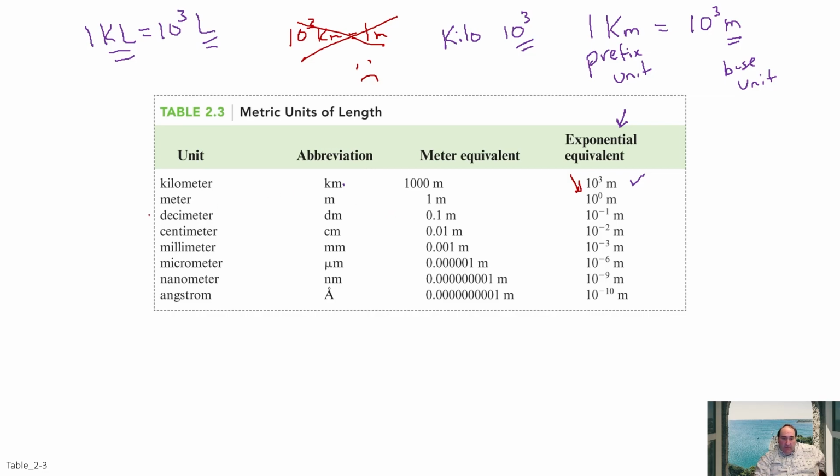So for example, here, when we roll to milliliter, the prefix here is milli, and basically milli represents 10 to the minus 3. So once again, in 1 millimeter, there would be 10 to the minus 3 meters. And again, prefix unit, base unit. And that's the proper way of doing that.